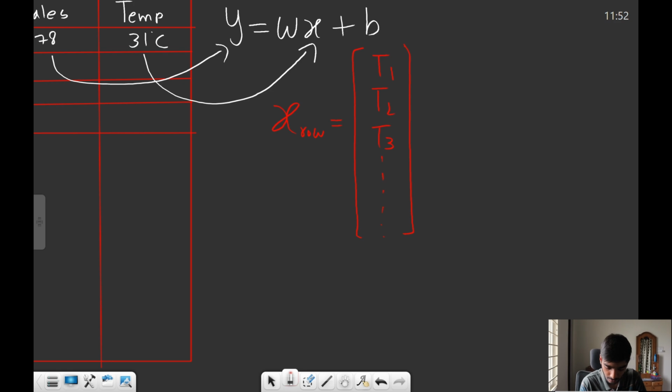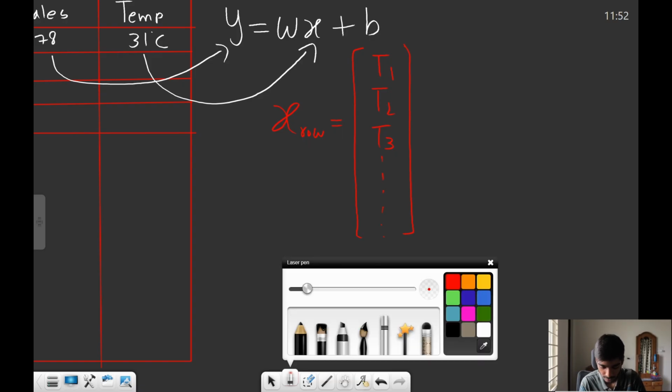During the training, we start with random values of w and b and we correct them over time. The first time we pass the matrix of x into the equation, we get some predicted values of y which may not be correct, but we'll modify them based on the loss function's value.